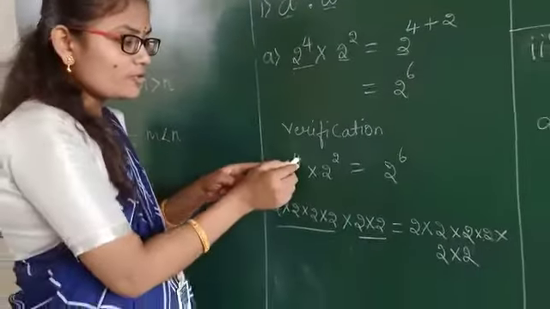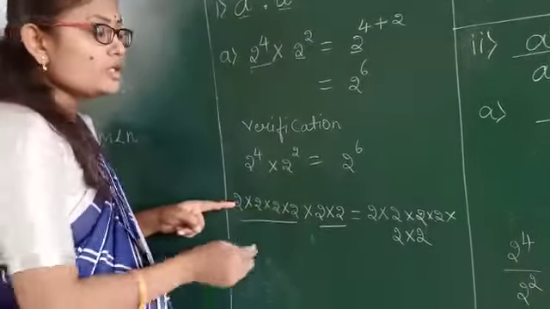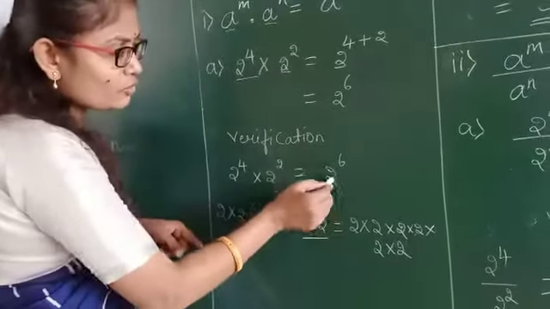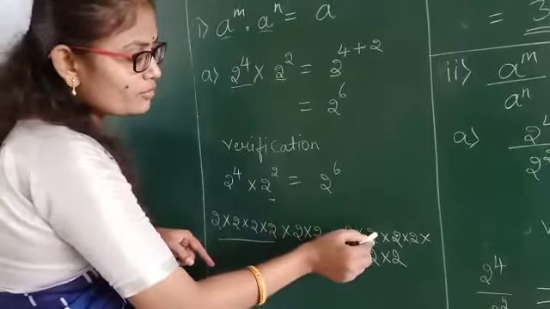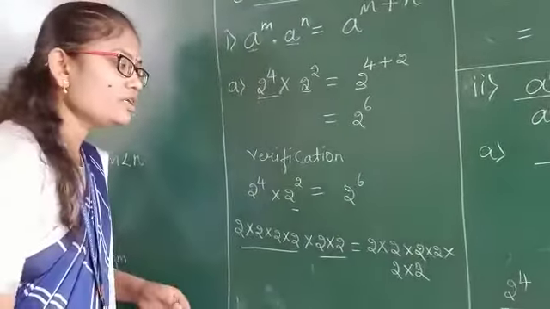Now 2 to the power of 4 is nothing but 2 into 2 into 2 into 2. 2 to the power of 2 is nothing but 2 into 2. 2 to the power of 6 is nothing but 2 into 2 into 2 into 2 into 2 into 2. Six times we take 2.